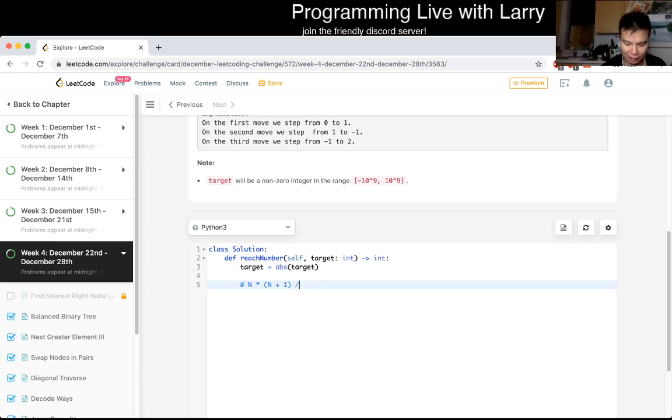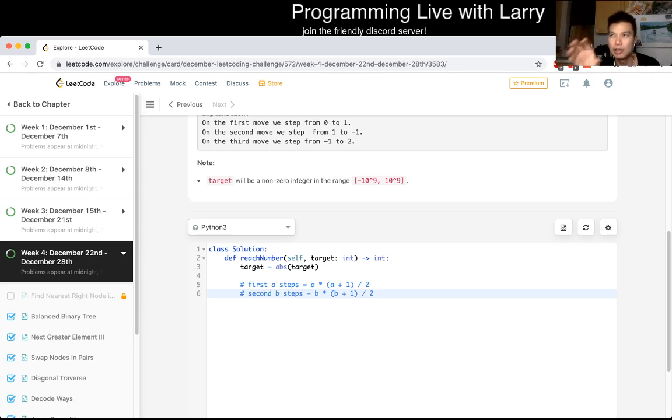So let's just use K, or let's just use A. So the first A steps is equal to this, and then you take another B steps, which is equal to B times B plus 1 over 2. Maybe minus 1, I always mix them up. But then this is actually the summation from A plus 1 to B. So it's actually this minus this.